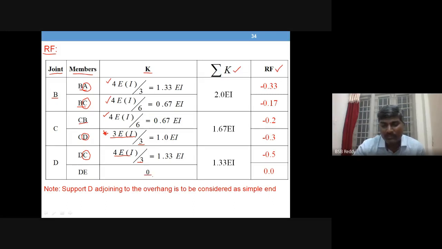There won't be any stiffness for this because the end E is free. Okay, right. So once you take the formula minus 1 by 2 times K by sigma K, you get all these rotation factors. So this is how we make the rotation factor table.